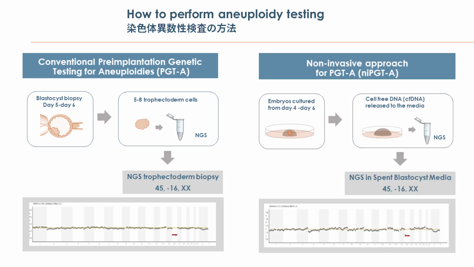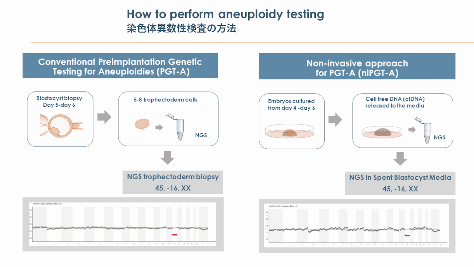And what is coming now is the non-invasive approach. And we call this a non-invasive approach for embryo grading. It's going to be a way of identifying the embryos. And now what we can do is to culture the embryos, as usual, in the IVF lab, and then when we are removing the blastocyst to vitrify the blastocyst, we can take the media that in regular conditions is going to be discarded.